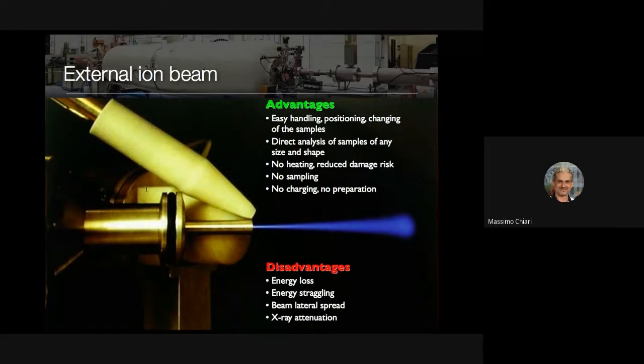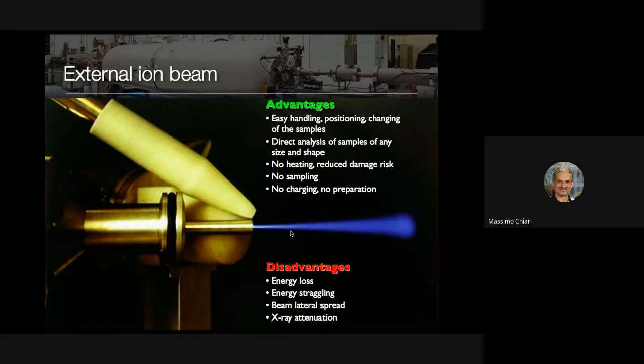And so the advantage of using an external ion beam, I know that you also have it, is that you can analyze samples of any size and composition without the need of preparing the samples before the measurement, avoiding effects like heating and charging that could affect the samples, especially insulators, when you're doing measurements in vacuum.